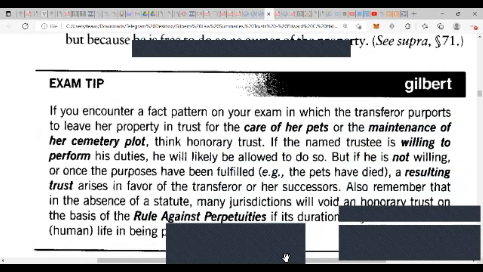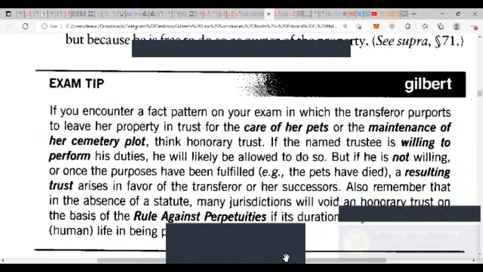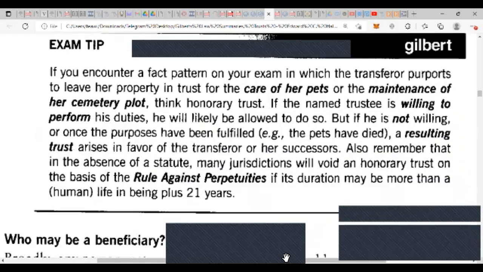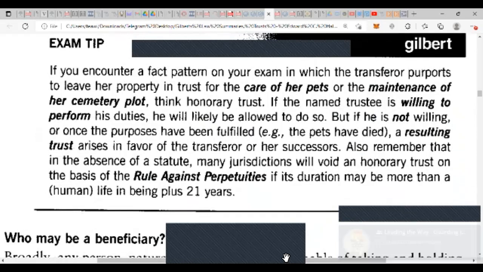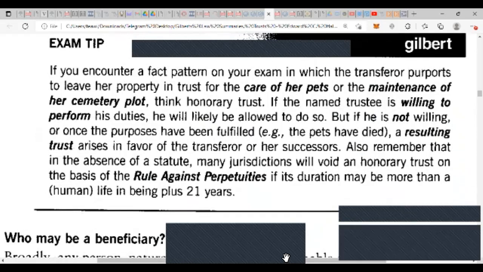Exam tip. If you encounter a fact pattern on your exam in which the transferor purports to leave her property in trust for the care of her pets or for the maintenance of her cemetery plot, think honorary trust. If the named trustee is willing to perform his duties, he will likely be allowed to do so.